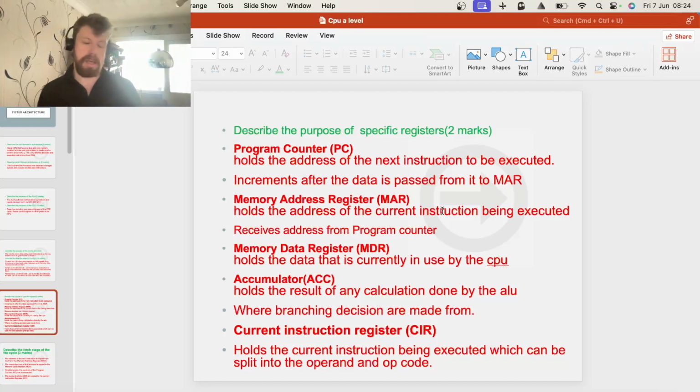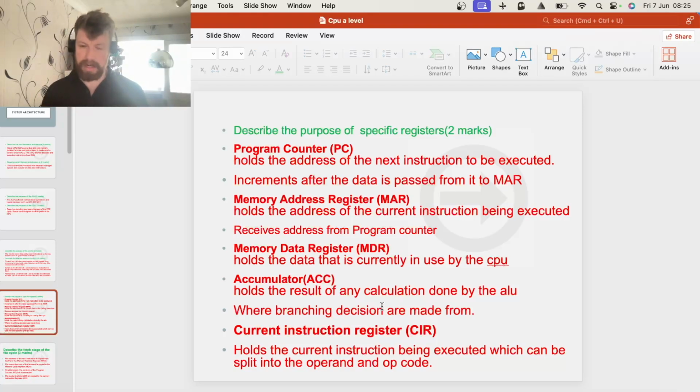I've put in the other little extra points as well in case they give you a 2-mark question. So the program counter increments after the data is passed to the MAR. Second mark there. Memory address register receives address from program counter. Second mark. The accumulator is where branching decisions are made from.